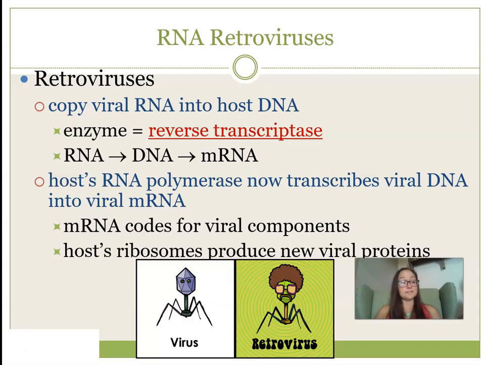Okay. Now, when we look at another class of RNA viruses, these are called retroviruses. So retroviruses are pretty tricky and super interesting. A retrovirus, just like the word retro implies, like back in time or before, will actually work backwards, where a retrovirus carries its own enzyme called reverse transcriptase.